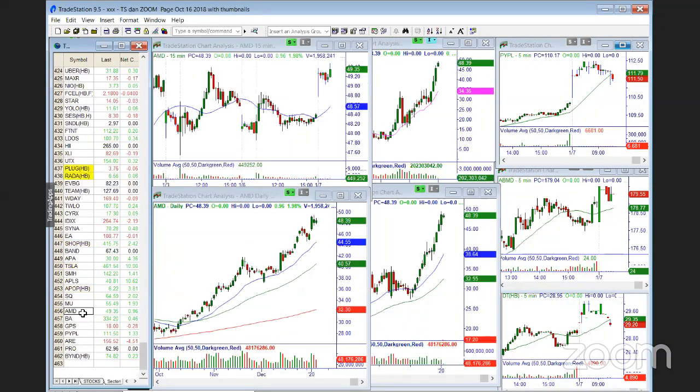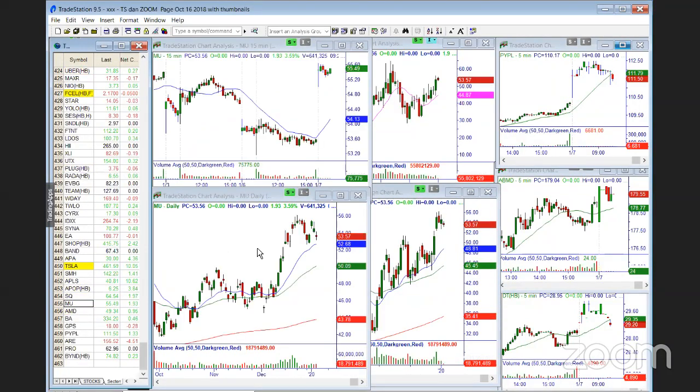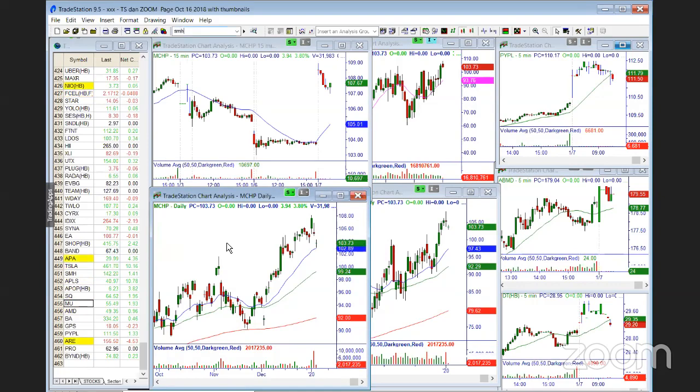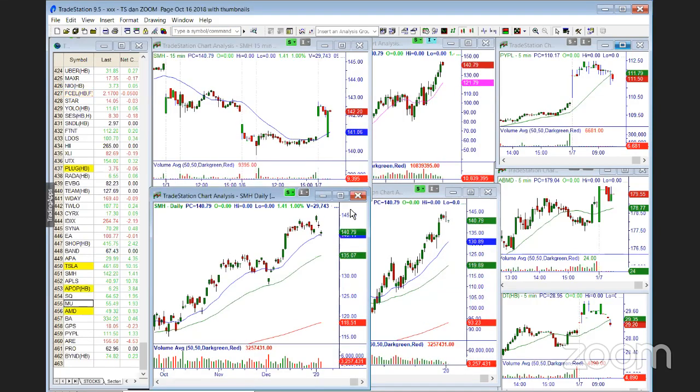But that's a candidate. I mentioned earlier, semis are rocking. Look at AMD, MU, 55, M chip. Look at the SMHs, 142. So I don't know what's going on.